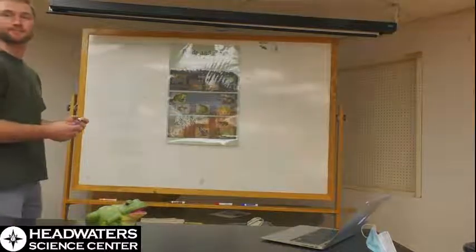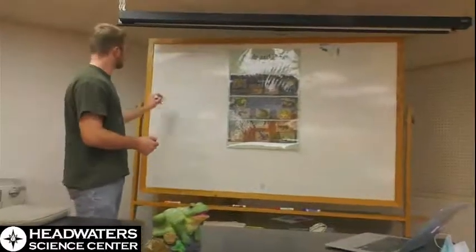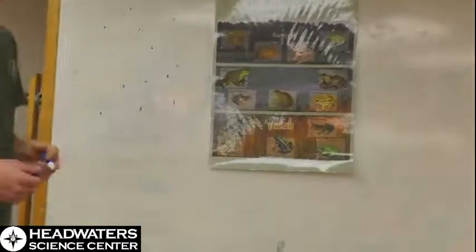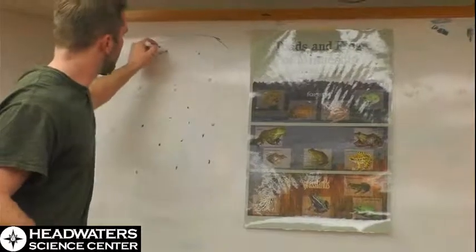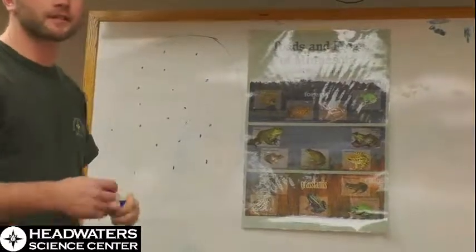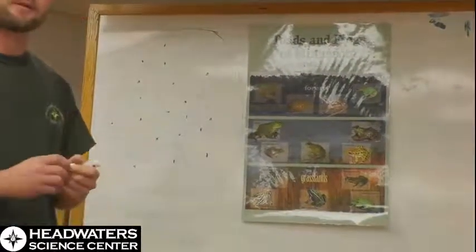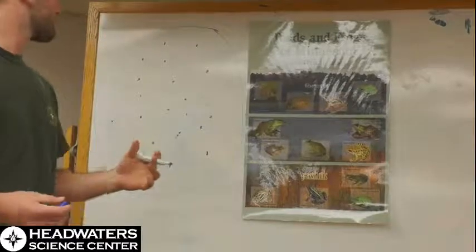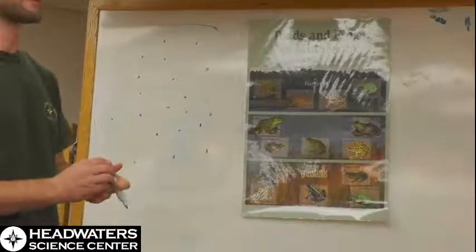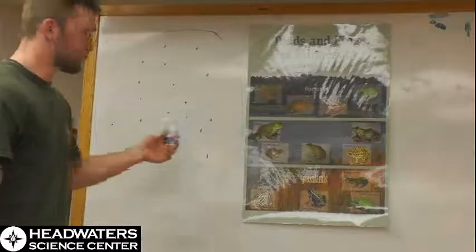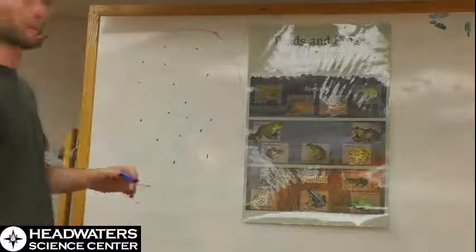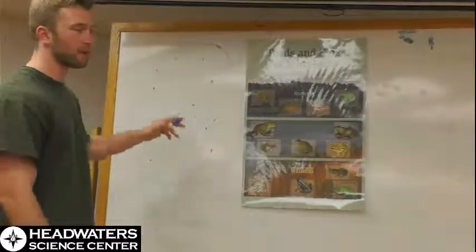Can you see that? Okay, cool. But this field is way too large to go through and count every single purple loosestrife. So a way to do it with the limited resources and people is to just take a sample from random samples throughout the area.